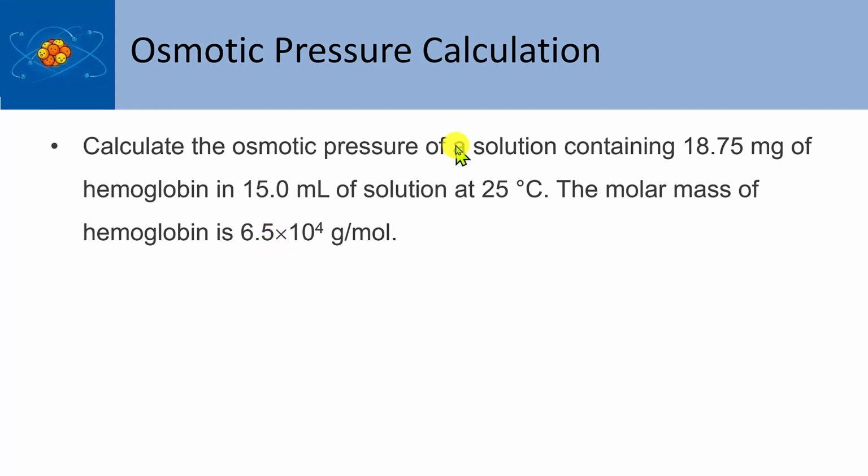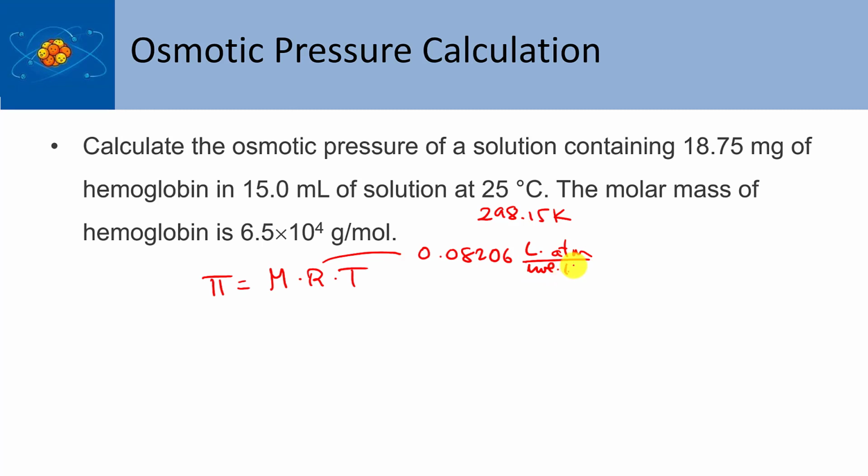To begin with, we know osmotic pressure, pi, is equal to M times R times T, and T is 298.15 Kelvin. R is 0.08206 liters atmospheres over moles times Kelvin. So I just need to calculate the molarity of the solution.